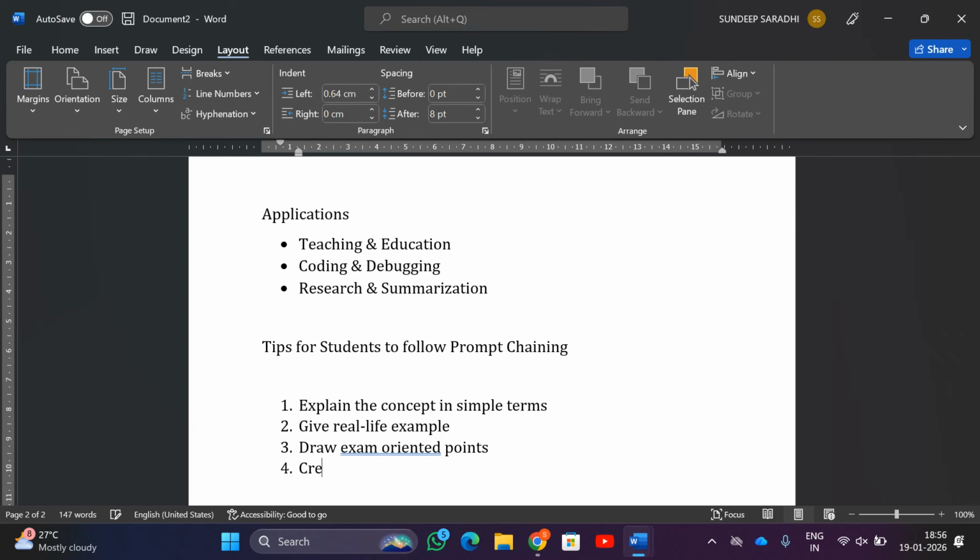So if you want to create a slide, create slide content. This is optional. If you want to create any content, if you want to deliver some presentation, you can go with these slides. Okay, and then generate script with examples.